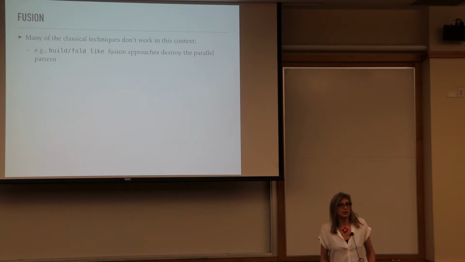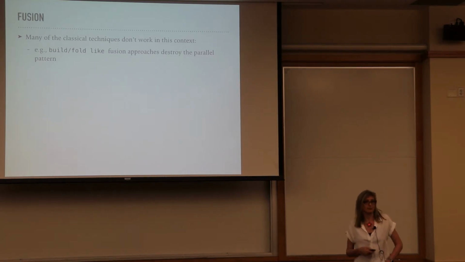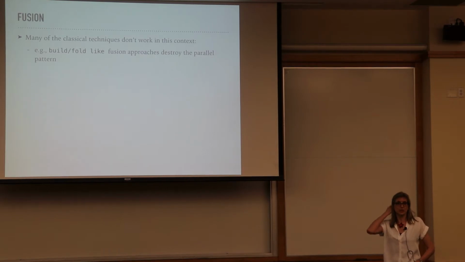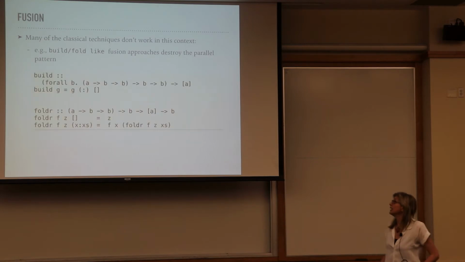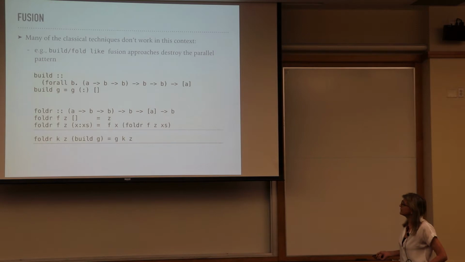The problem is that some of the classical fusion techniques, which are used, for example, in GHC, we can't use. One is the so-called foldr/build optimization. There is a whole family of fusion techniques that are similar, where the idea is that traversals are expressed in these kinds of combinators.